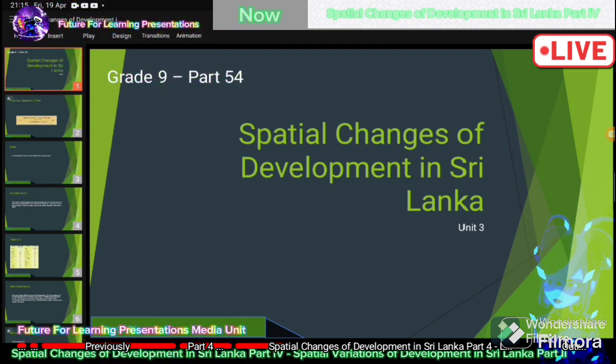So today is the spatial changes of development in Sri Lanka, part 4, basically spatial variations of development, part 2. Let's go into the synopsis to understand it even more further.